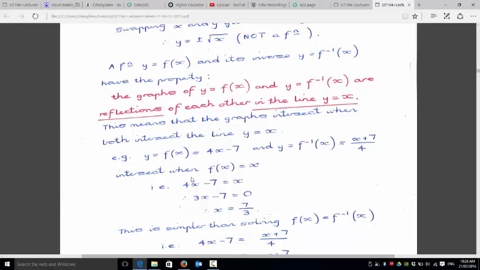First of all, we need to find the intersections. We set f(x) is equal to x, and then we have 4x minus 7 is equal to x, and finally we get x is equal to 7 over 3.